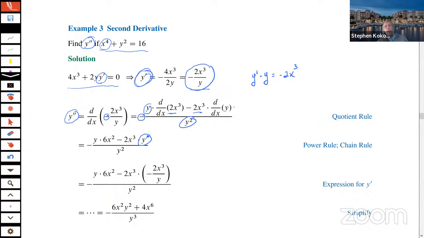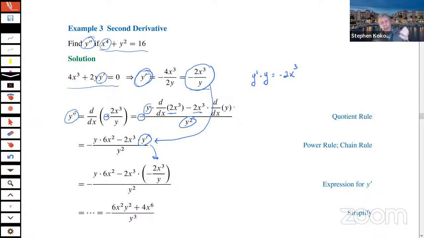Frequently, on the AP Calculus exam, if you see a question like this, especially on the multiple choice portion, they would want y double prime in terms of just x's and y's. So what we've got to do is take this expression for y prime and substitute it in here. So I did that.